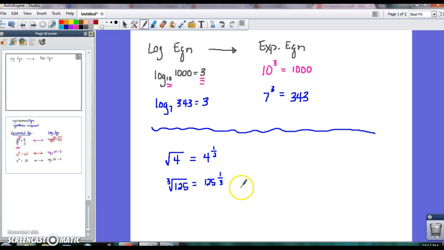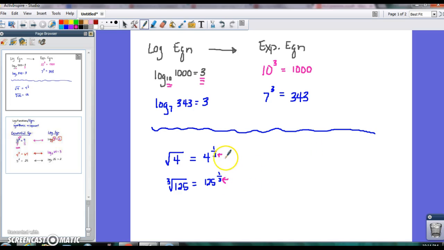That's an exponent there. So when you have a fractional exponent, the denominator of that fraction is always the root that you're taking.